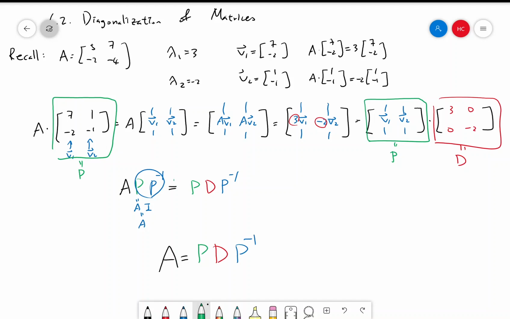And remember, P is this matrix, and D is a diagonal matrix. So this is called the diagonalization of A.